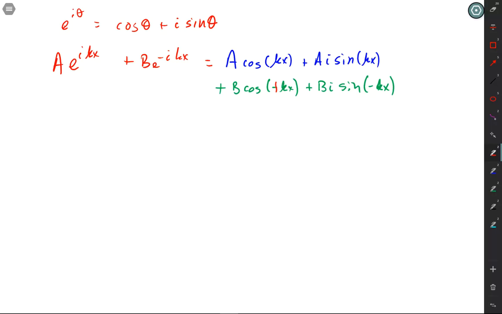It means sine of minus kx is minus sine of plus kx. So for the sine one, I have to do two things. I have to put a minus sign here and change that to a plus. So I use the fact that cosine is an even function, sine is an odd function, so that now I can combine these, and this is equal to (A plus B) cosine of kx plus i times (A minus B) sine of kx.